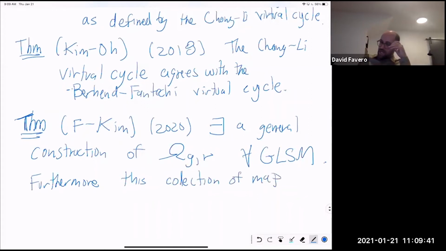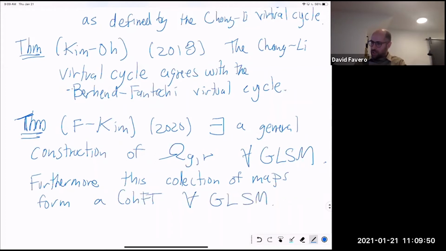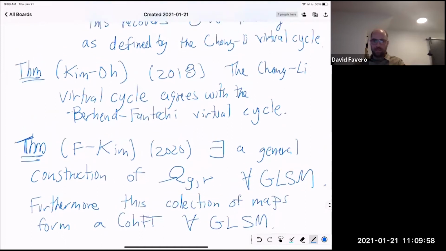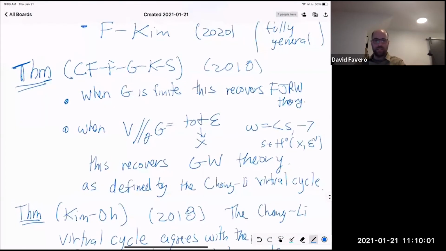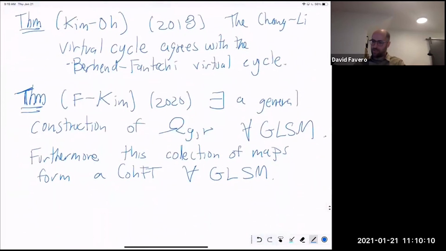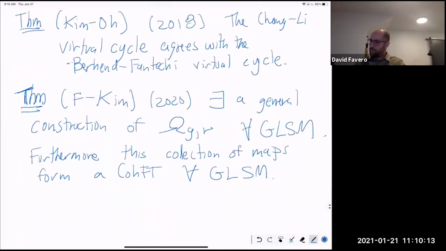And now the caveat, which I think you were also getting at, is that it's not yet proven that this new construction agrees with the construction we made in 2018. They're quite similar, but there are some technical things that would need to happen, like an HKR map in this level of generality, in order to actually compare them, since they're defined slightly differently. So this new construction, strictly speaking, is not known to agree with Gromov-Witten theory and FJRW theory at the moment.